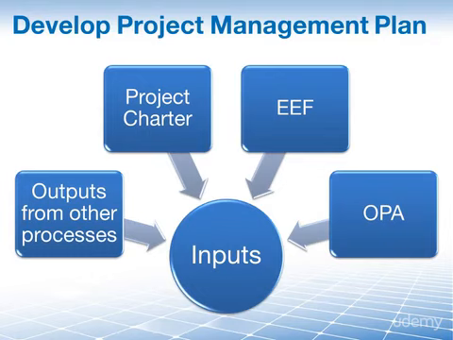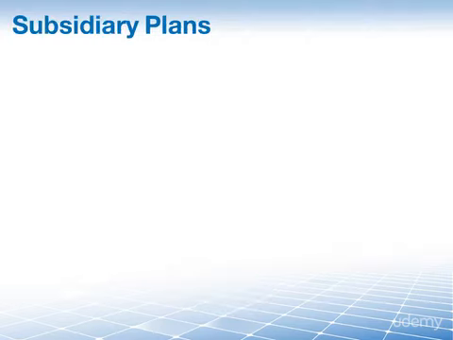So what are all these outputs from other processes? Well, let's look a little bit more into detail there and see what those documents are. Since the project management plan is in essence a plan of plans, that means these outputs from the other processes are, well, plans.